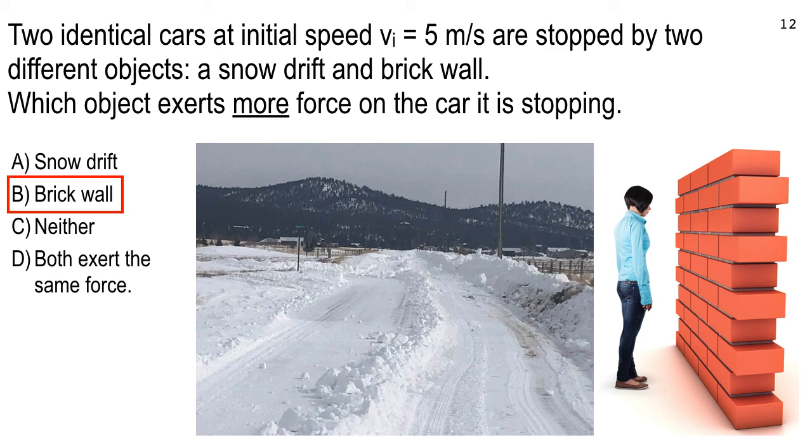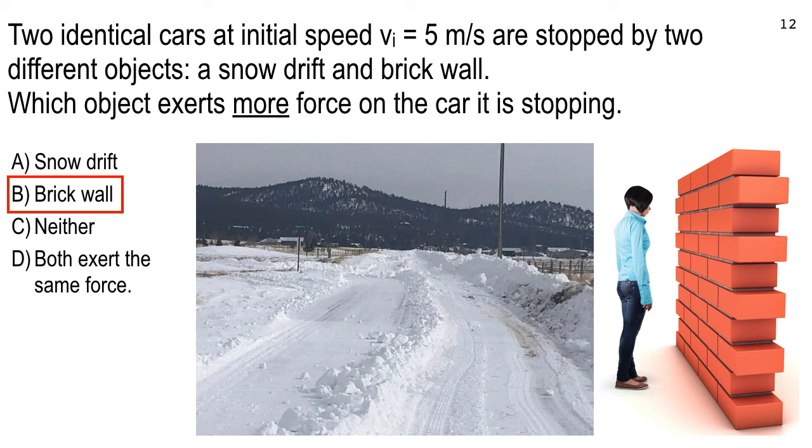So that means a big force. In terms of the interaction time, the snowdrift has a big delta T. The brick wall has a small delta T. And so the numerator, delta V over delta T, for the brick wall is the same numerator, smaller denominator, bigger quotient.